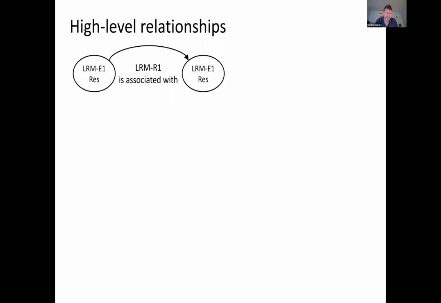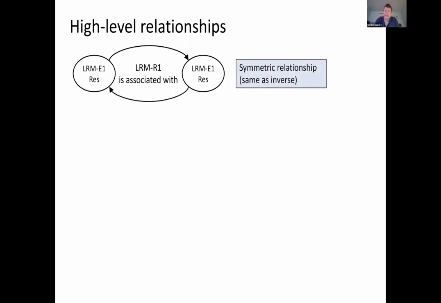If we now look at relationship elements between the entities, the LRM provides us with a very high-level relationship. It basically says that something is associated with some other thing, which is about as broad a statement as you can make. That's represented here, again, by a linked data diagram.